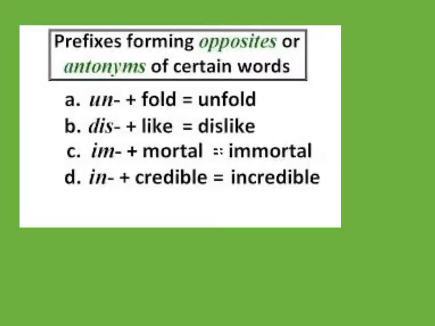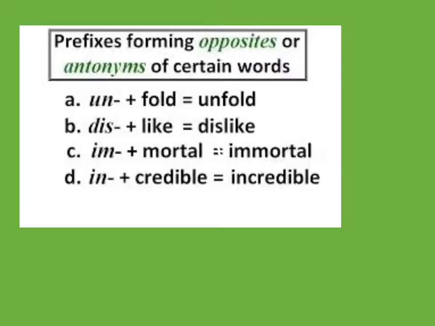So immortal means you live forever. Invincible means you cannot be conquered. The word mortal itself means you can die, you cannot live forever, as we always say, mortal man.